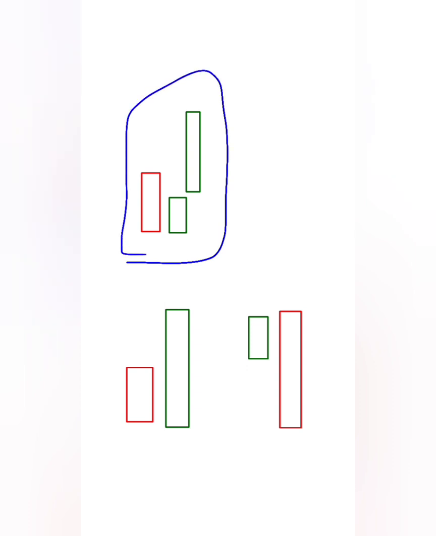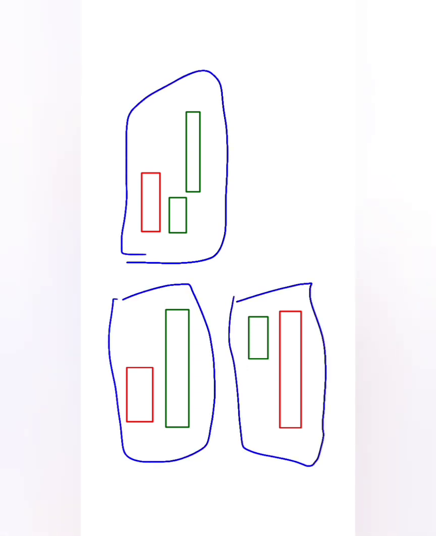In engulfing theory, maximum 3 candles, not more than 3. Make sure you pay attention to the engulfing candle. Something like this, and then boom. So this 3-candle pattern is an engulfing candle, and the theory uses this kind of candle.